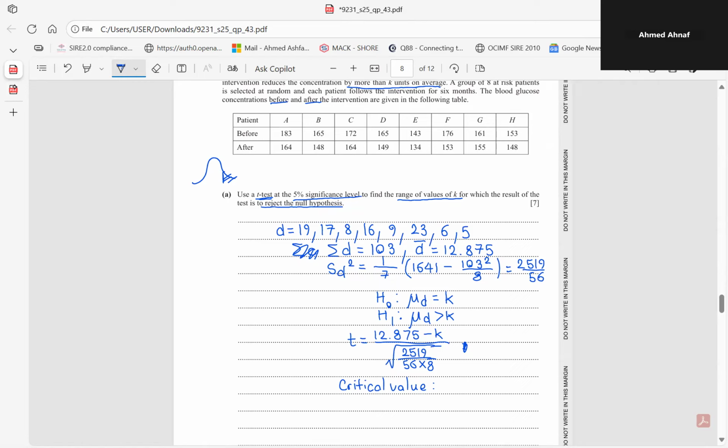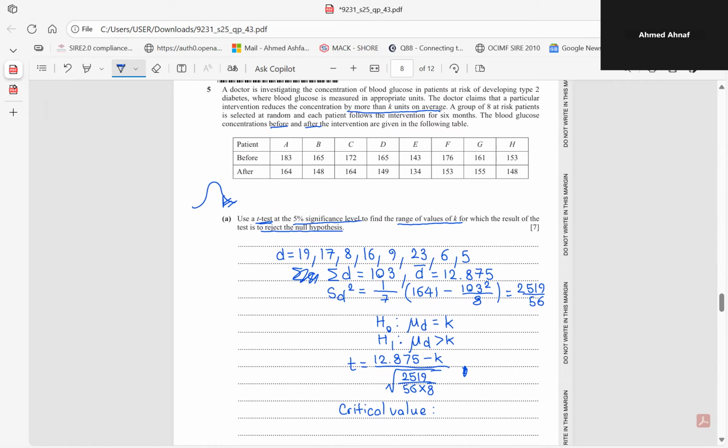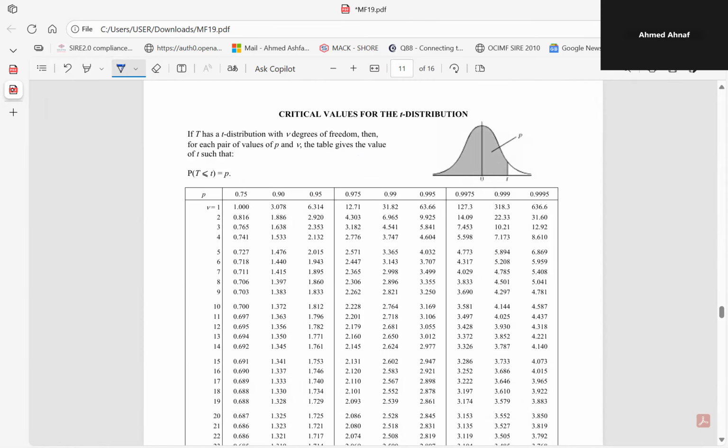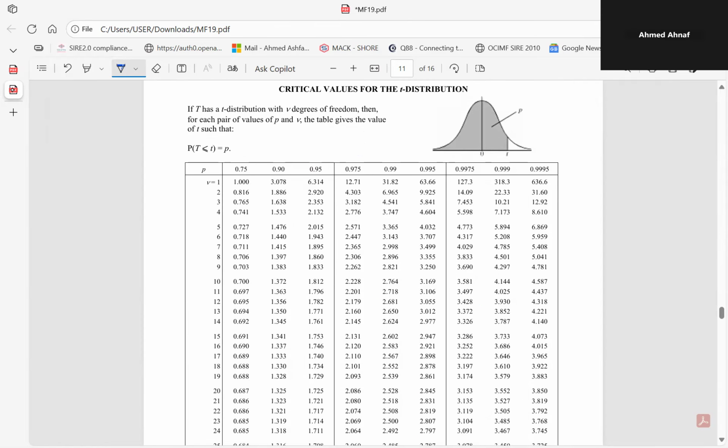So it's just 100% minus 5%, which equals 95%. So p-value is going to be 0.95. And as for v, since we have 8 patients, 8 minus 1 is 7. So parameters are 0.95 and 7. So 0.95 is here, and v equals 7 is here. Okay, so this critical value is 1.895.